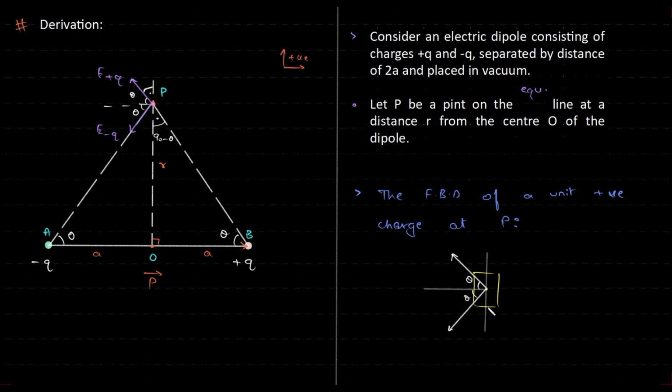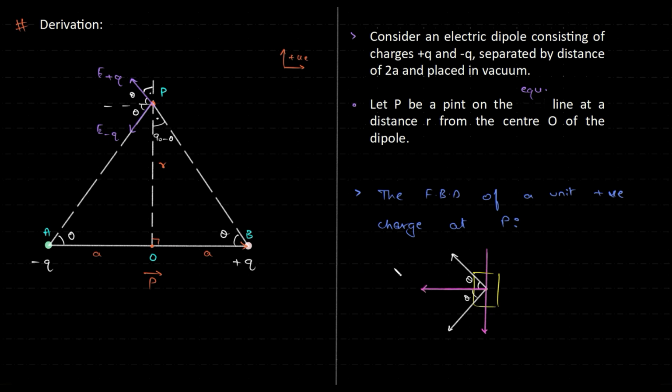So when we resolve the force, this length is your sine theta and this length is your cos theta. This length is your sine theta and this length is your cos theta. So this will add up two times.